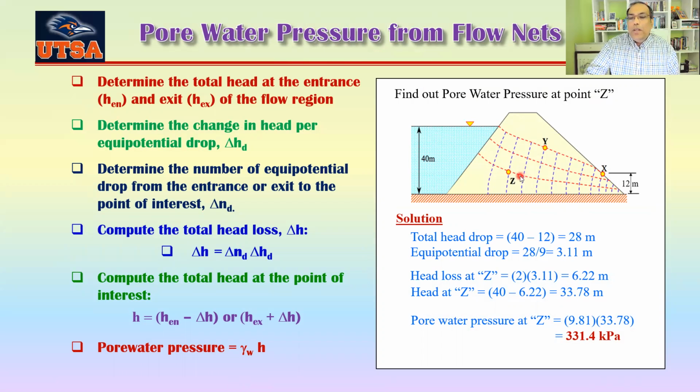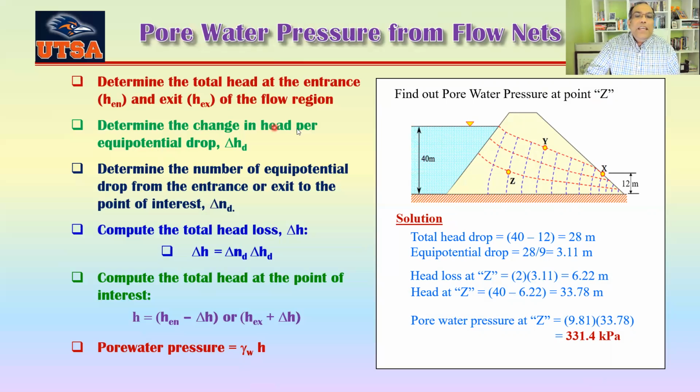What we usually do is try to find out the head loss across the whole flow region. So we determine the total head at the entrance and the exit of the flow region. Let's say this is 40 and this is 12 here. So the difference of head is 28.